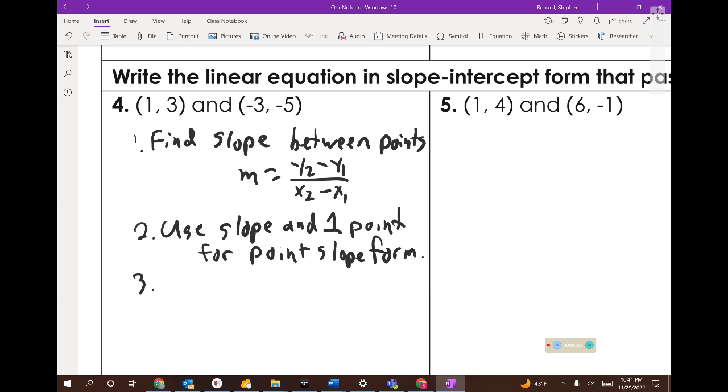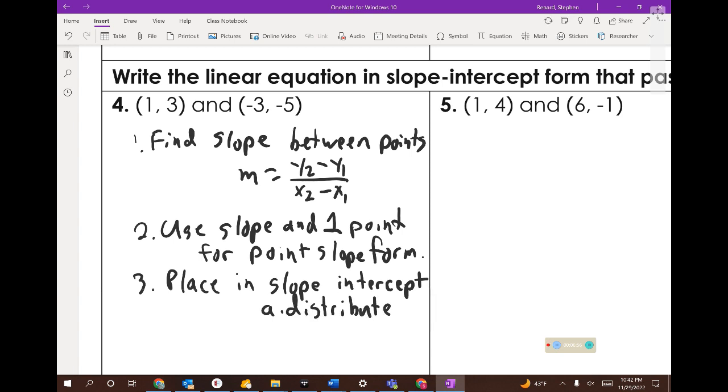And then using the exact same steps that we just used, we're going to place it in slope intercept. And that's going to be distributing our slope and then solving for y.